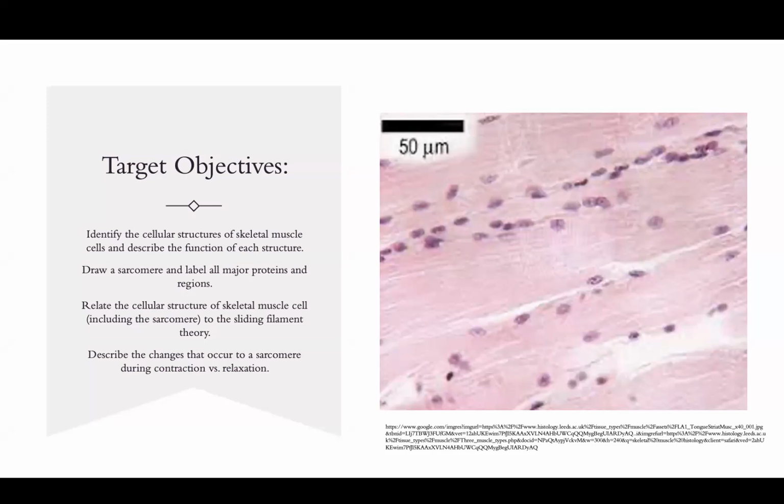The second is to draw a sarcomere and label all major proteins and regions of the sarcomere. The third objective is to relate the cellular structure of skeletal muscle cells, including the sarcomere, to the sliding filament theory. The fourth target objective is to describe the changes that occur to a sarcomere during contraction versus relaxation.